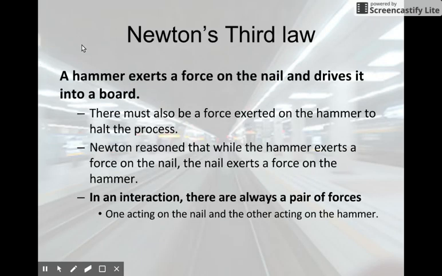The hammer exerts a force on the nail and drives it into the board. There must also be a force exerted on the hammer to stop it, because it doesn't keep moving downwards. Newton reasoned that while the hammer exerts a force on the nail, the nail must also exert a force on the hammer. So there's always an interaction between a pair of forces, one acting on the nail, the other acting on the hammer.